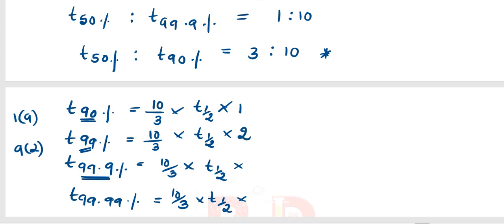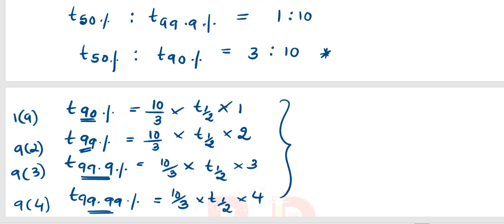In 99.9%, how many 9s are there? There are 3 9s, so you multiply by 3. And the last one, 99.99%, how many 9s are there? 9s are 4 in number, so you multiply by 4.